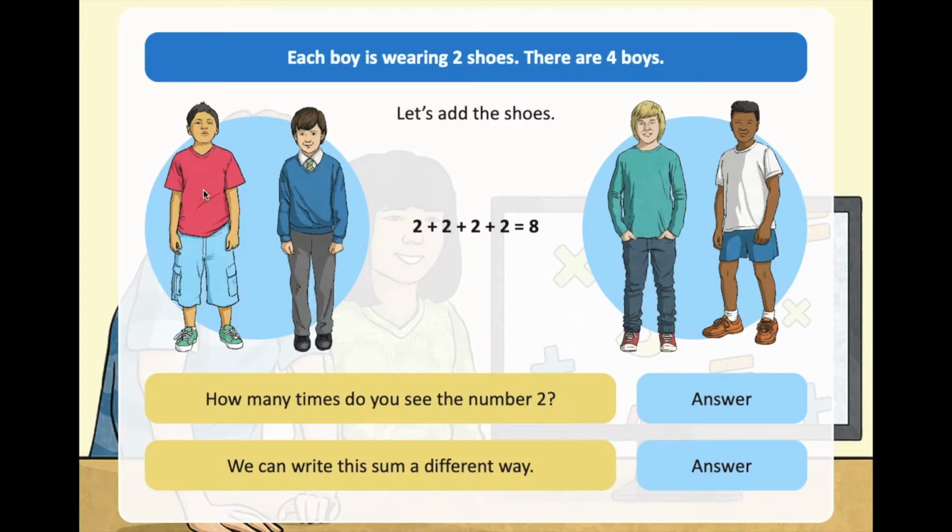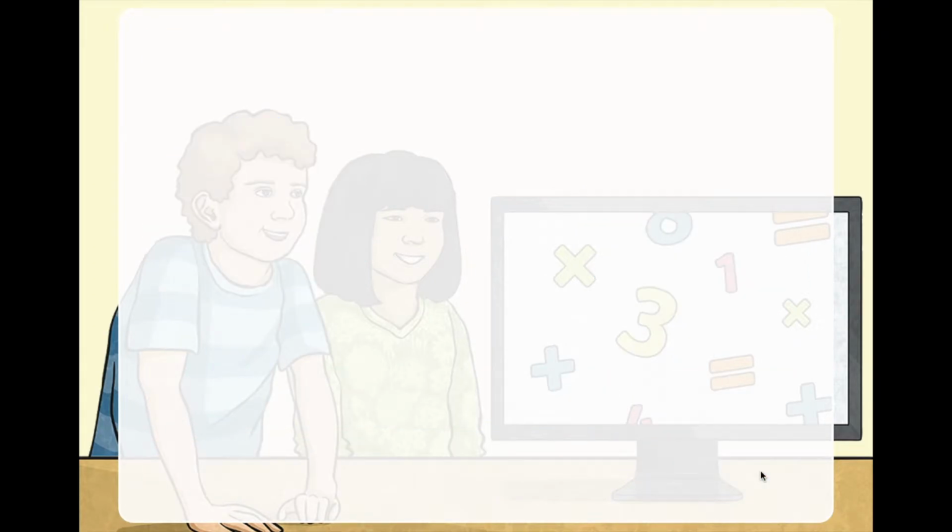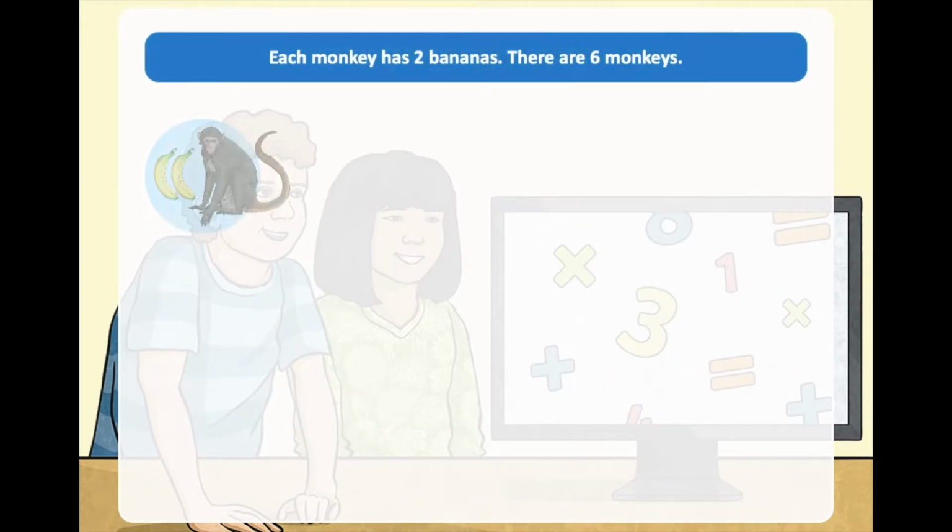Well, there's 1 person, 2, 3, 4. 4 times. Now, because I can see the number 2 4 times, there are 4 groups of 2. So we can write the number sentence like 4 groups of 2. And because I know what double 4 is, that gives me 8. So easy peasy.